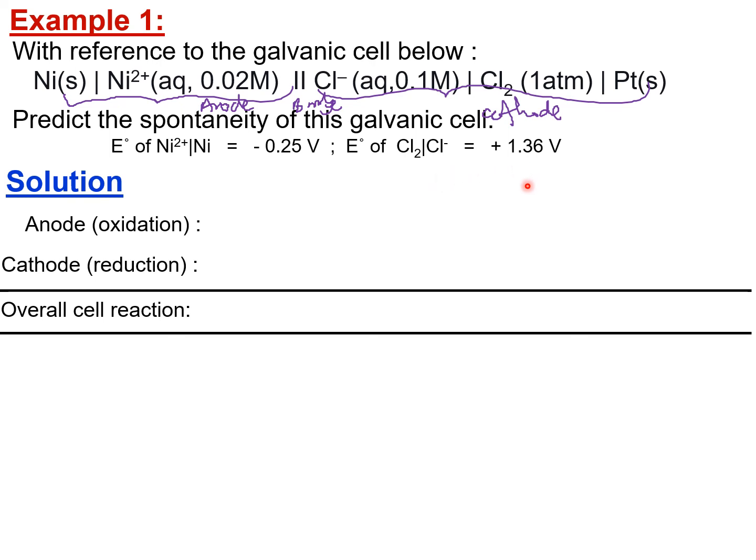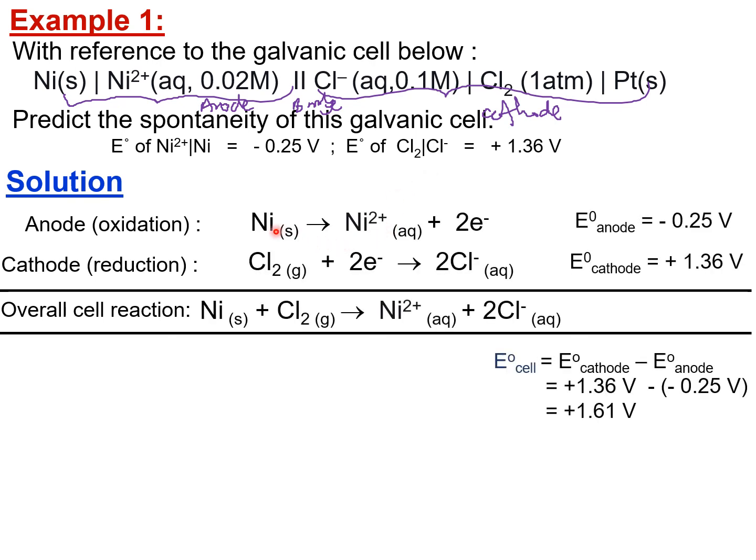The one with the more positive value is chlorine, therefore chlorine will be at the cathode. Nickel will be at the anode. Chlorine, when it undergoes reduction, will gain electrons. This is how the half cell reaction of chlorine looks like, and this is how the half cell reaction of nickel looks like, with their respective SRP values.